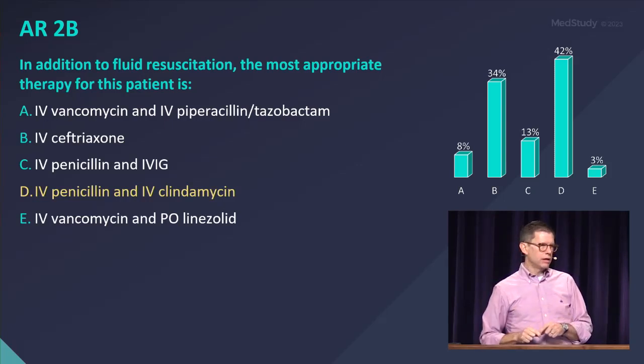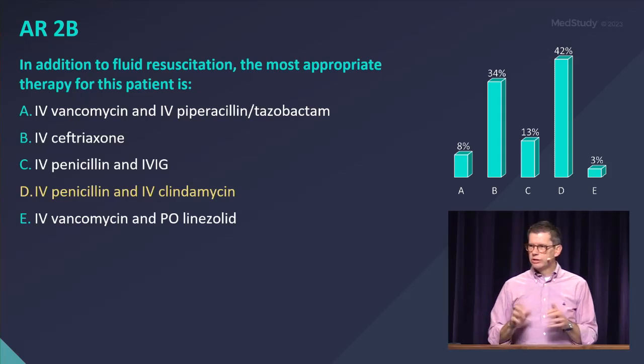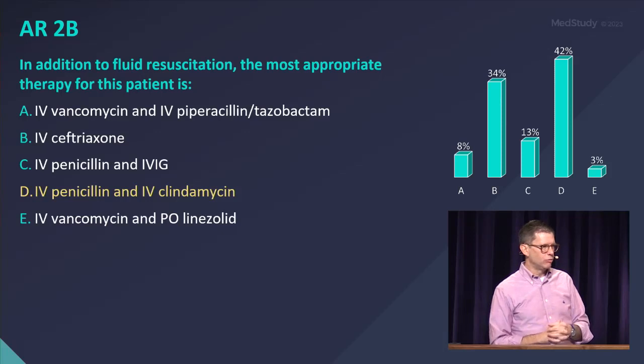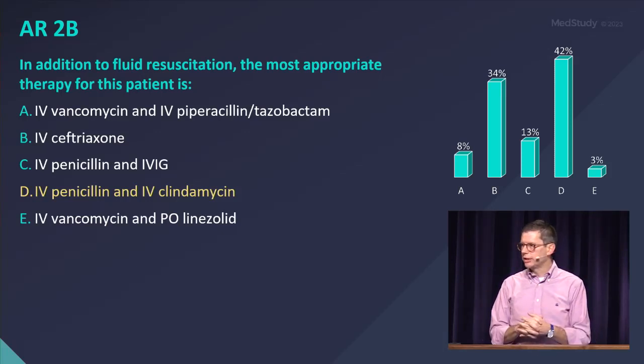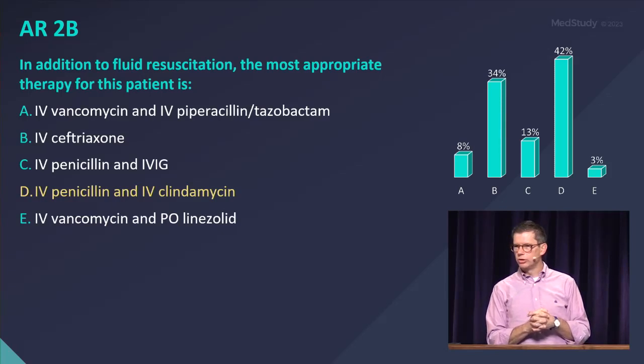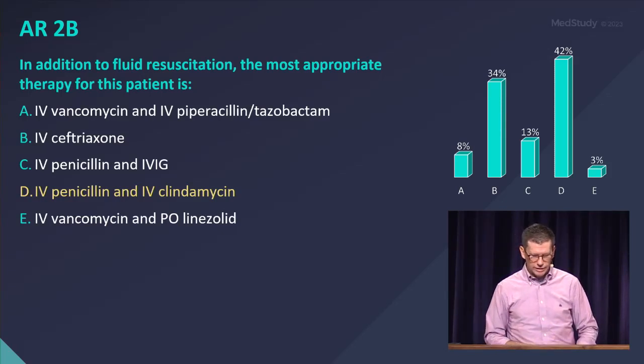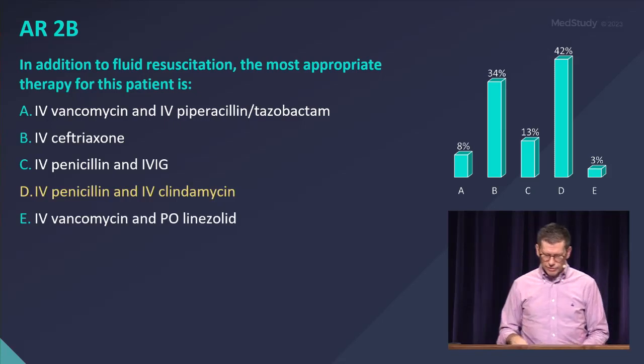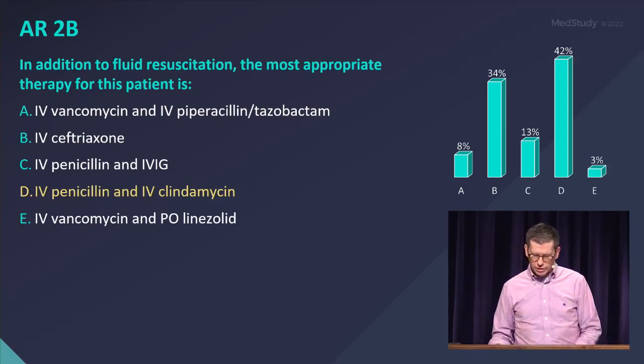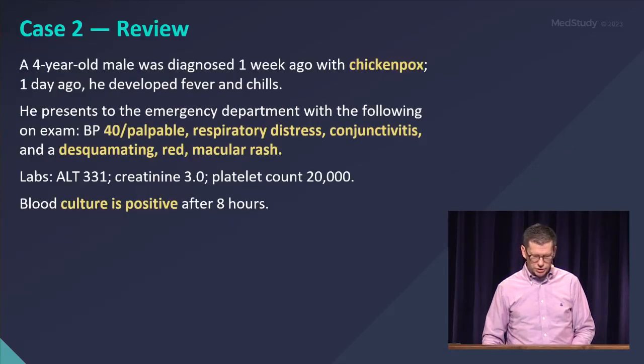For C, every now and then we'll use IVIG clinically, but there's little to no evidence that says that it's very helpful. Usually it's when kids are super sick and we're just sort of doing what we can. But there's no evidence that says that it's very effective. And then for E, IV vanc, obviously we don't need vanc for group A strep, and there's no role in PO linezolid for this particular situation.